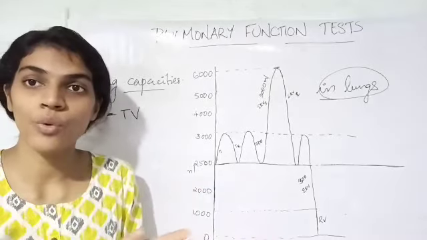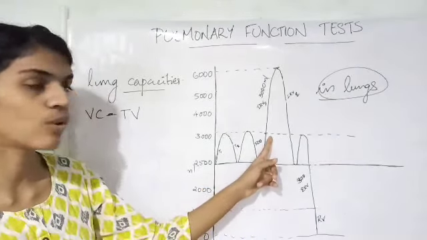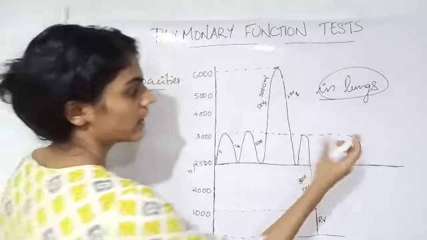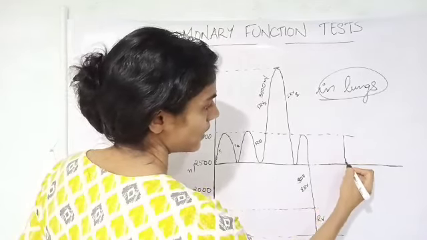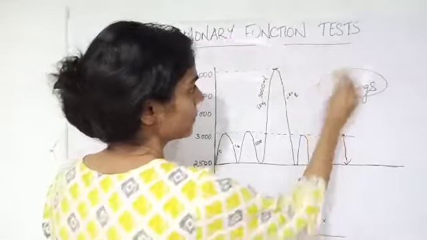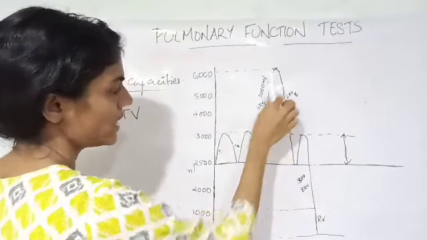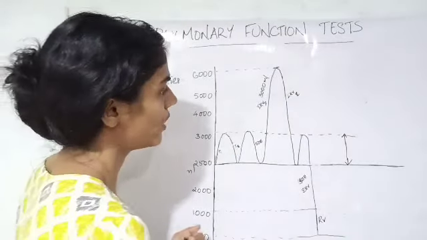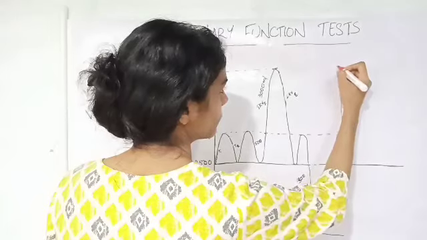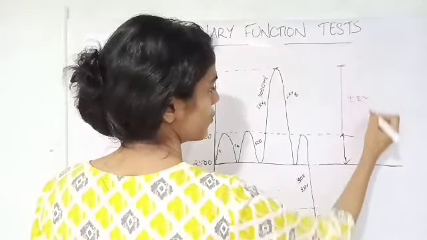So what volumes are included in the vital capacity? First one is the tidal volume. Here you see, this one is the tidal volume. After the tidal volume, we'll take one inspiratory reserve volume. This is inspiratory reserve volume.